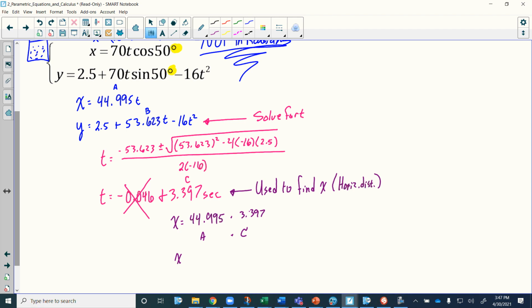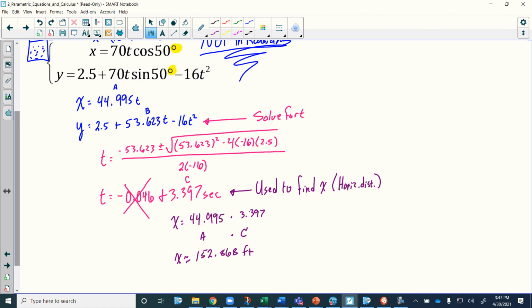Either way, you should get x to be about 152.868 feet. So there's the horizontal distance.